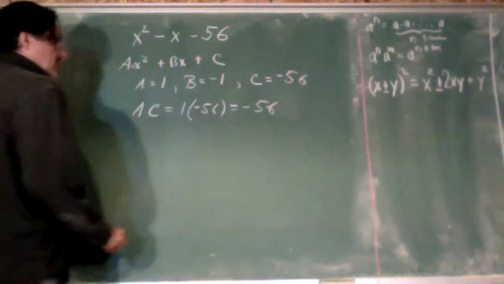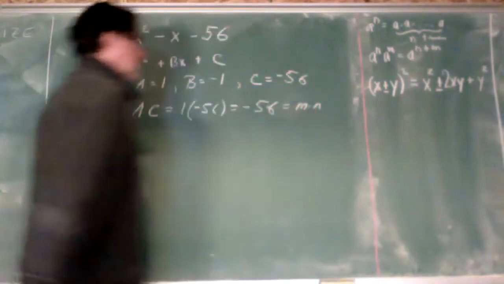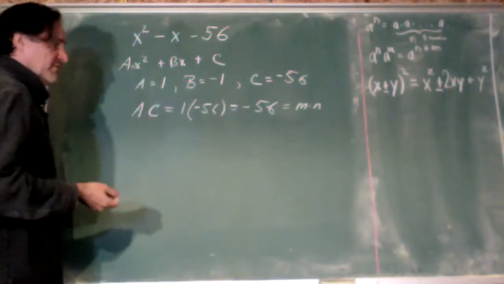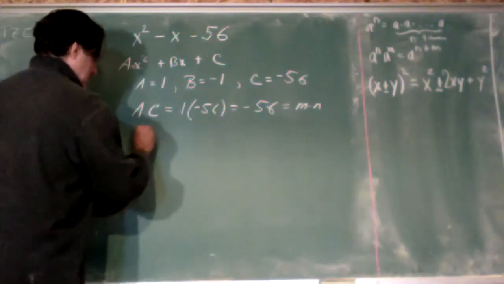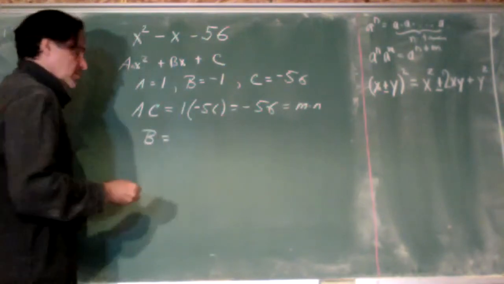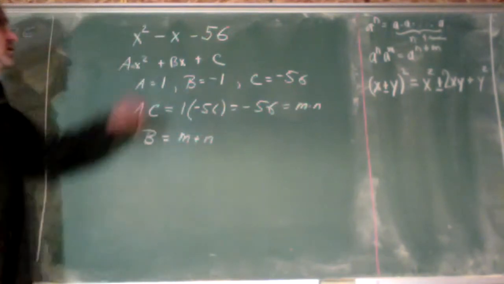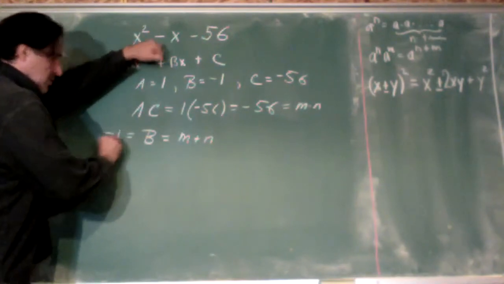And we look at possible factor pairs of -56 and ask, does there exist a factor pair m, n of -56 such that the sum of those factors equals our linear coefficient, which in this case is -1?